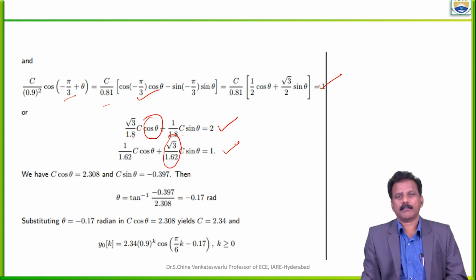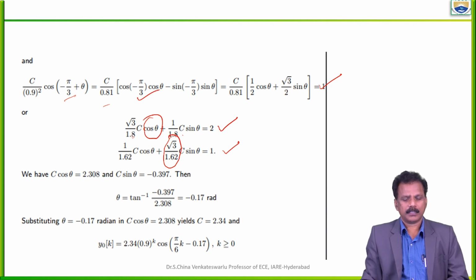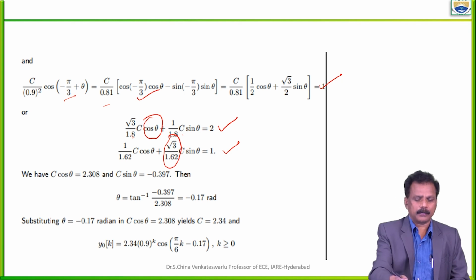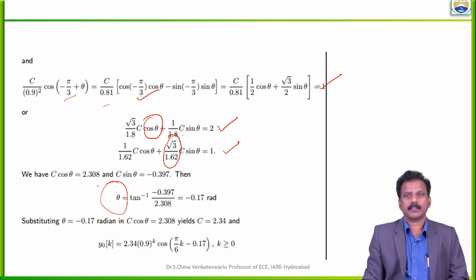Like this, we have c cos theta equal to 2.308, and c sin theta equal to minus 0.397. Then theta is calculated: theta is equal to tan inverse of minus 0.397 by 2.308.